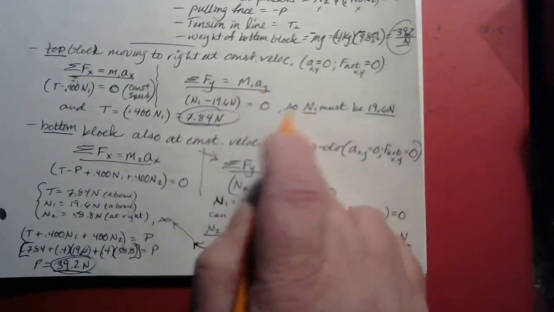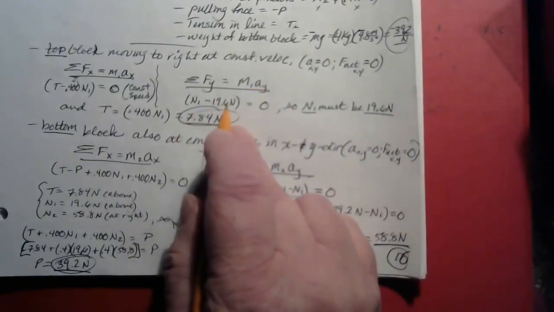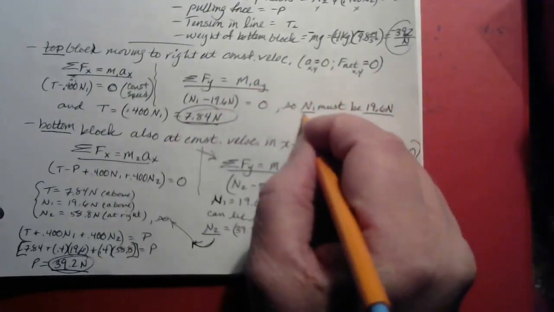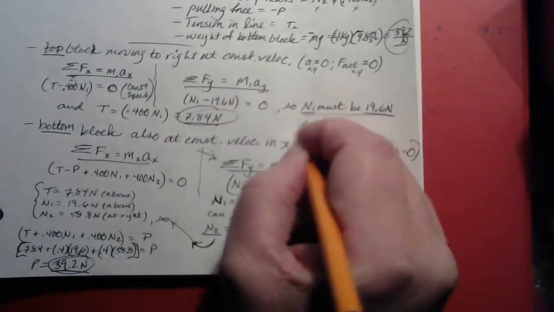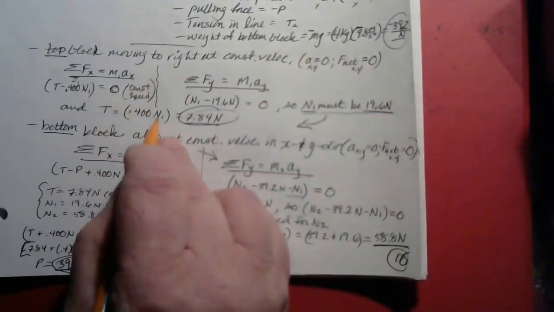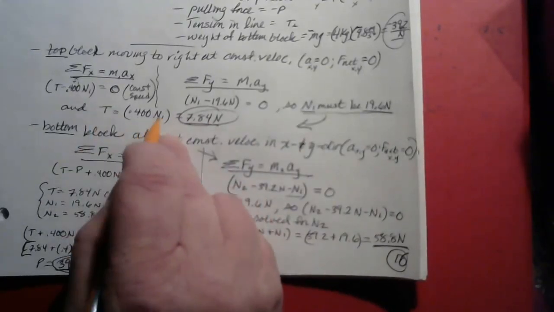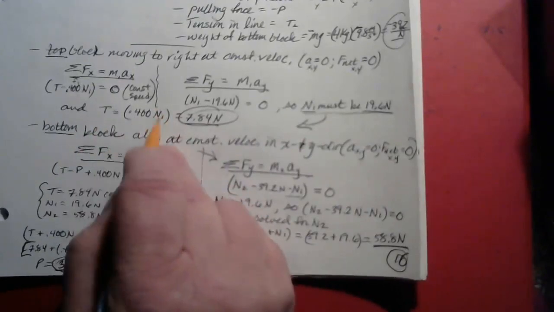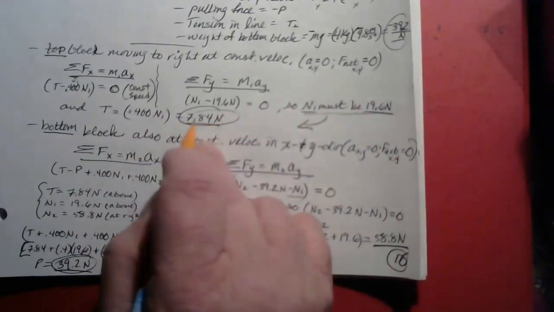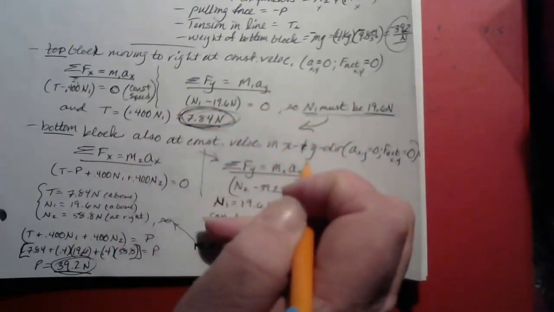Acceleration is 0. And so in other words, what we see here is that N1 must be 19.6 newtons, which makes sense. And you can then take that value, N1 equals 19.6 newtons, and stick it in over here. So tension equals 0.4 times N1, which is 0.4 times 19.6, or 7.84 newtons. That's the tension in the line.